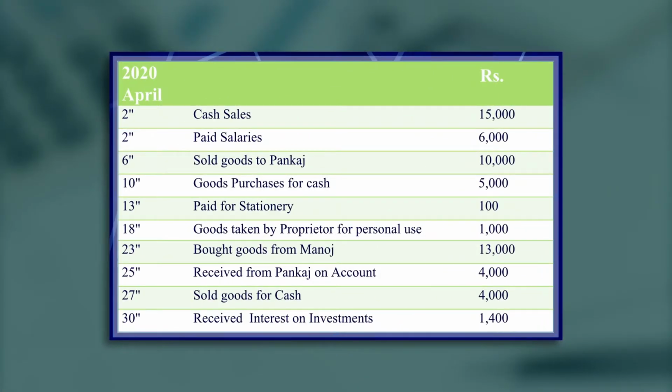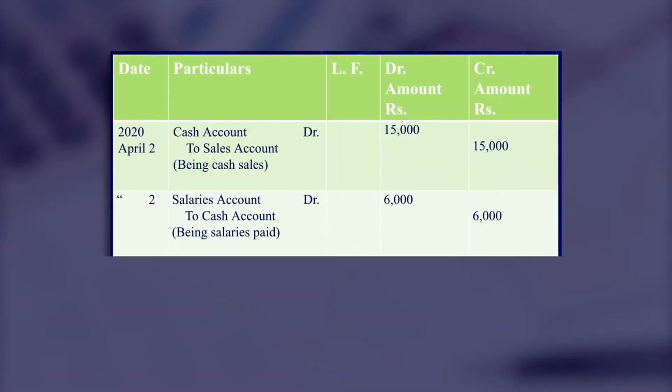Again we go back. The second one is paid salaries. Here, friends, again two accounts have been affected when we make the payment of salaries. The first one is cash, which is going out, and the second account affected is salaries account. Cash, being an asset, comes under real account, and we will apply the rule of the real account for cash.